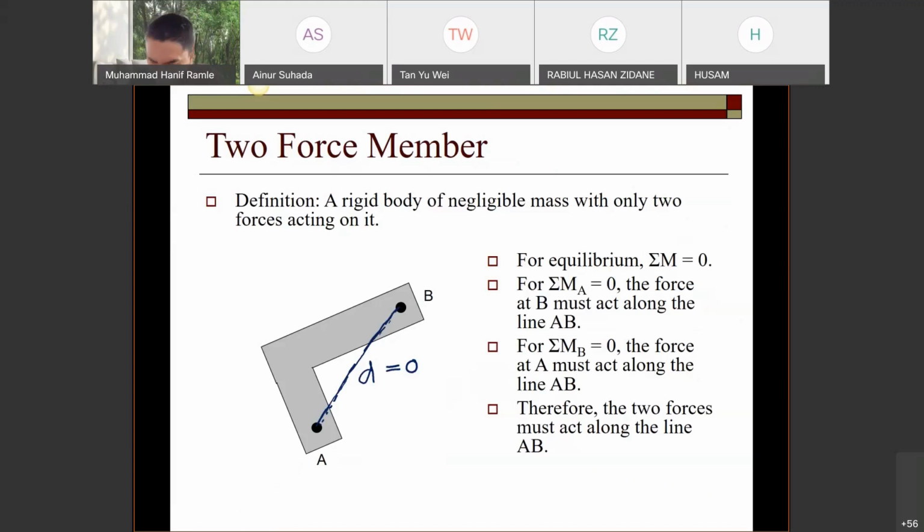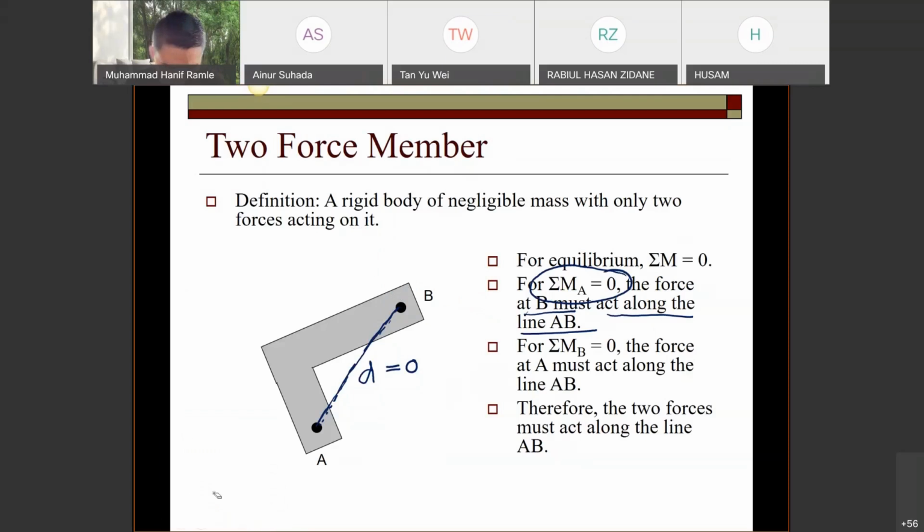So for moment about point A equal to zero, the force at B must act along the line AB. The force that I introduced earlier must be along the line AB, the dotted line that I just drew.